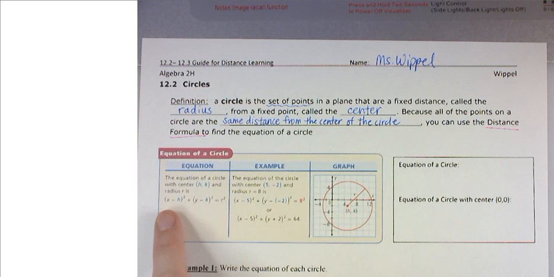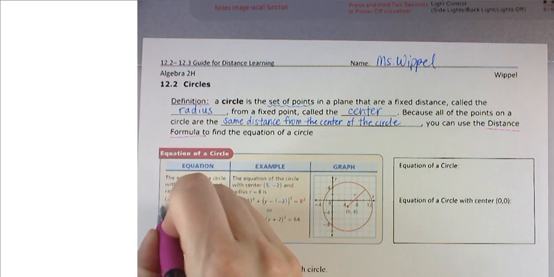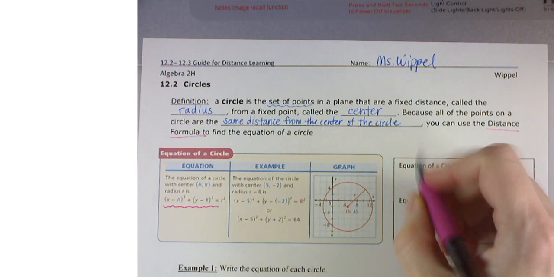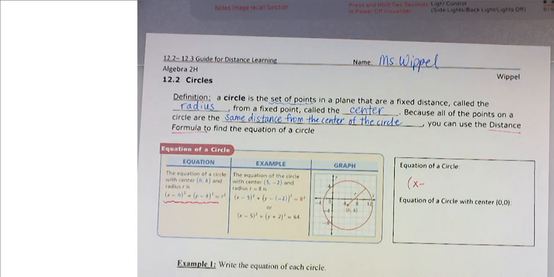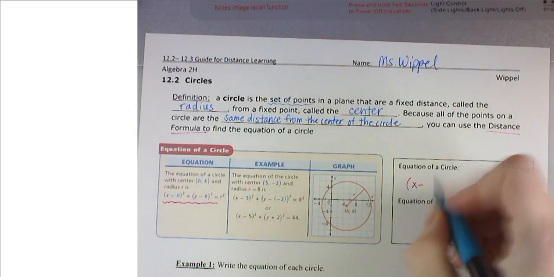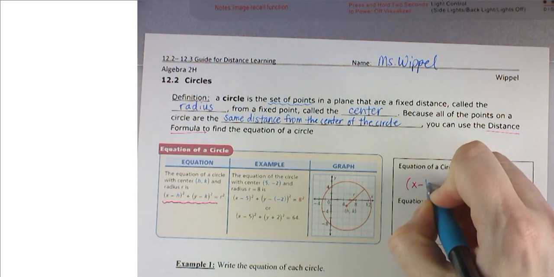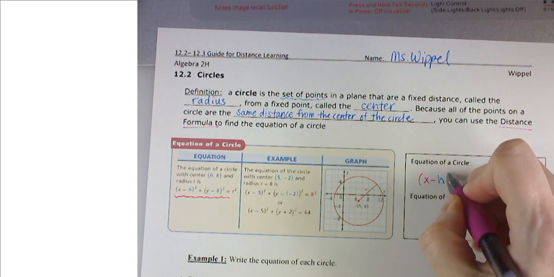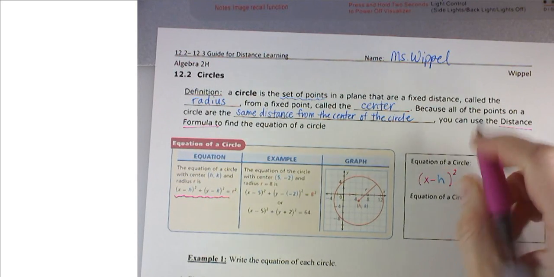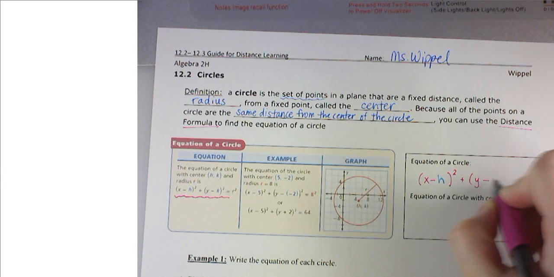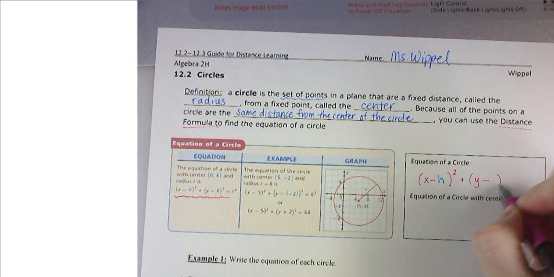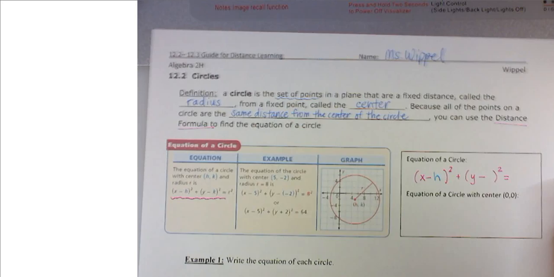So the equation of a circle, as you may remember, it's also right here, we're going to write it out together, is x minus h, and notice that it does have the minus in there, so it is the opposite of what you see, that value squared plus your y value minus k squared equals r squared.